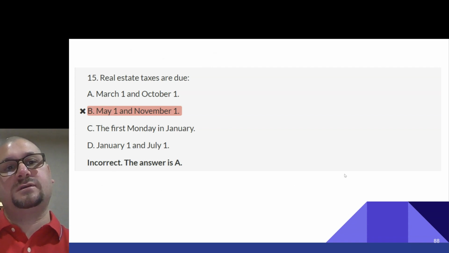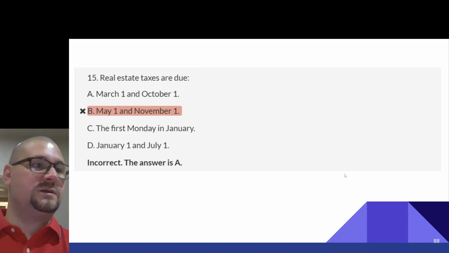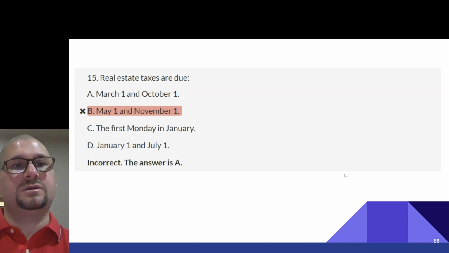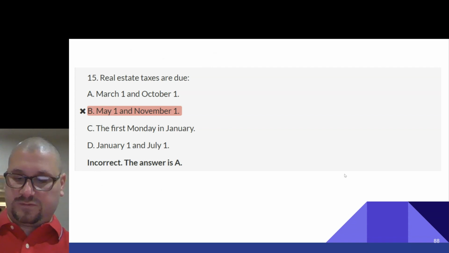November 1st. And the end of school starts May 1st is when it becomes delinquent, but it opens up a couple of months before the end of the school year. So January, February, March, April, May. So about 3 months before the end of that school year. So March 1st and October 1st.